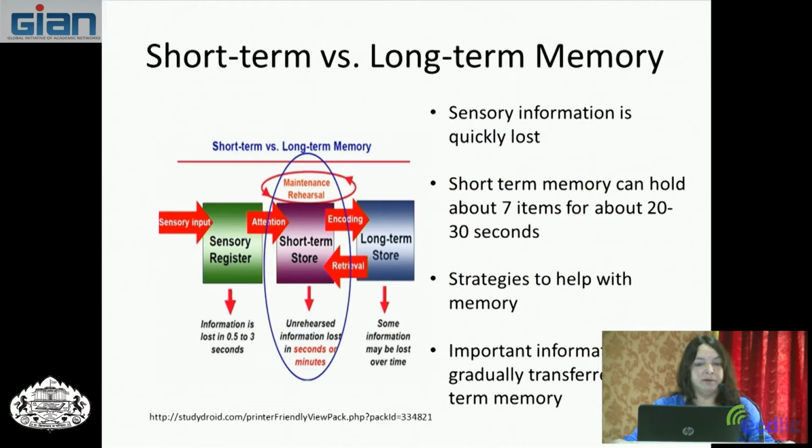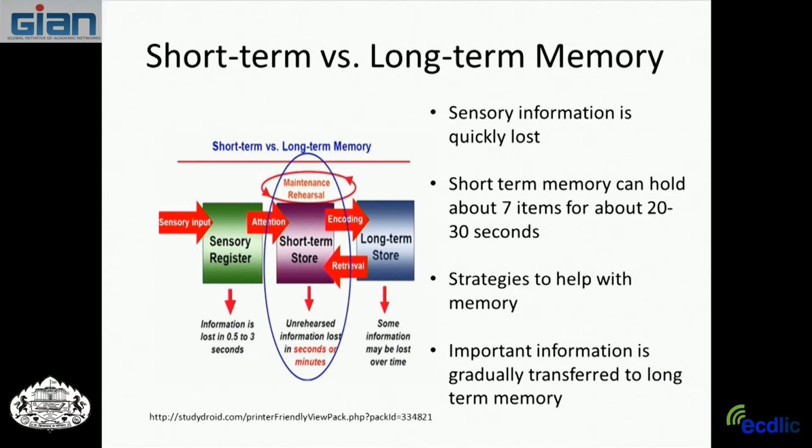We talked a little bit about short-term versus long-term memory. So we talked about how sensory information is constantly going on around us, but it's quickly lost if we don't attend to it. And this is probably a good thing, because if we try to absorb and remember everything that went on around us all day long, we would be on overload with our brains. So we talked about short-term memory, how we can hold some items in our brain for about 20 to 30 seconds before we lose it.